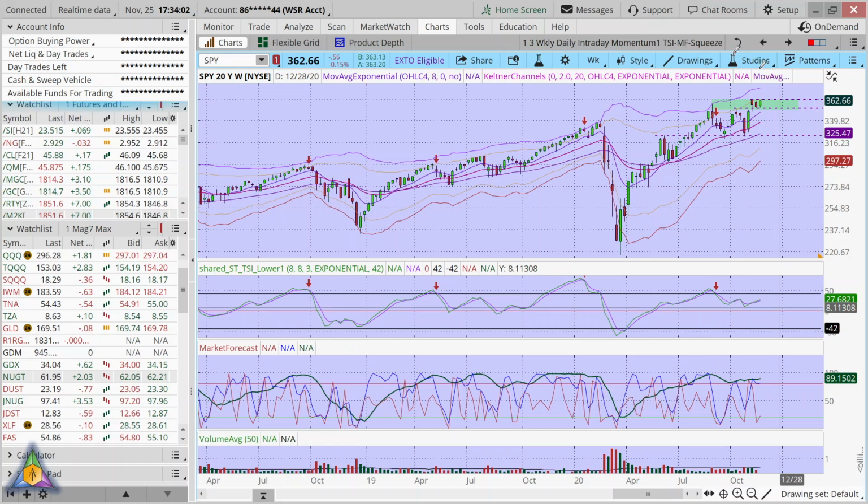As you can see, TSI showing a little bit of negative divergence. Market forecast, the green line, the intermediate line on the weekly chart, showing a little bit of negative divergence. What I'm talking about with negative divergence is as prices make new highs, these momentum indicators are not.